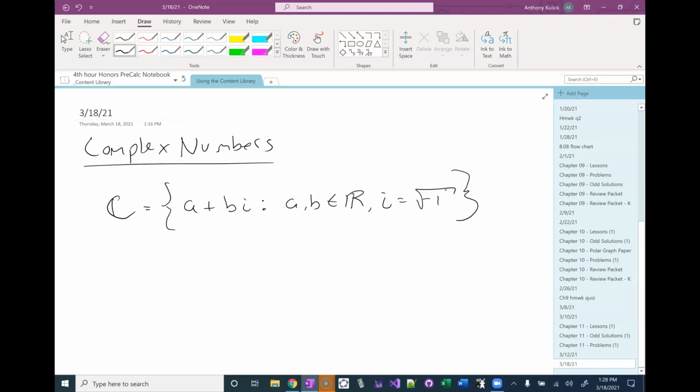This is just our definition for the set of complex numbers. For example, 3 minus 2i is a complex number. 10 is a complex number. -6i is a complex number.